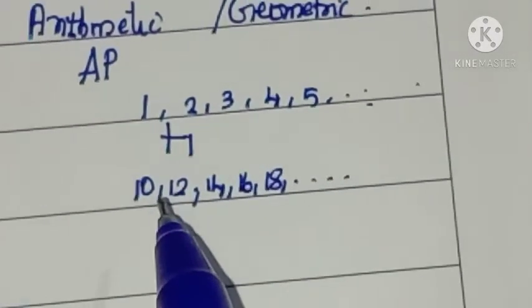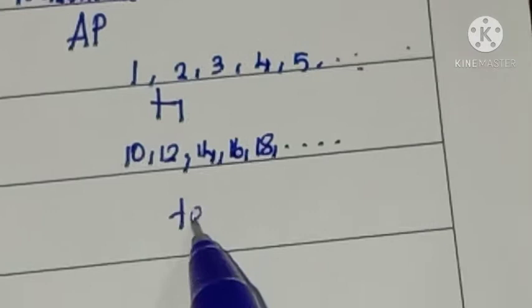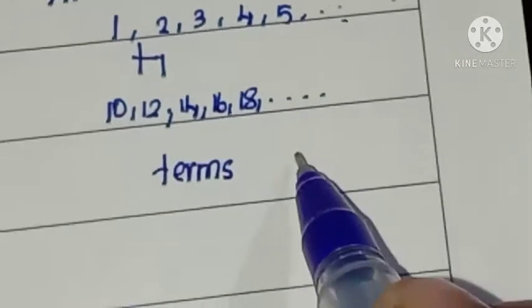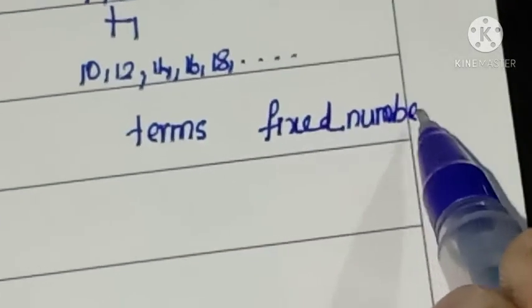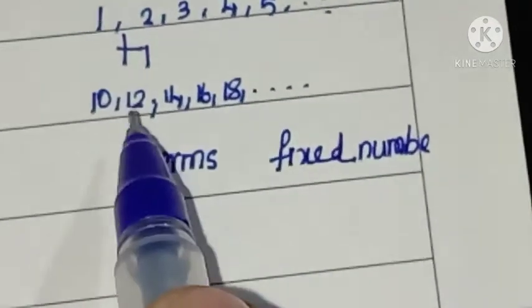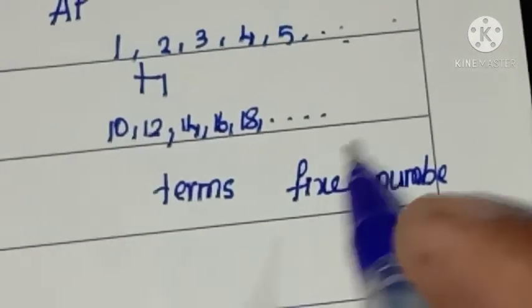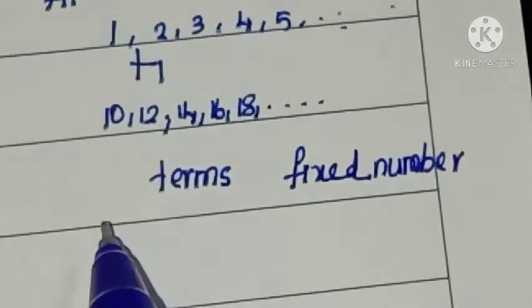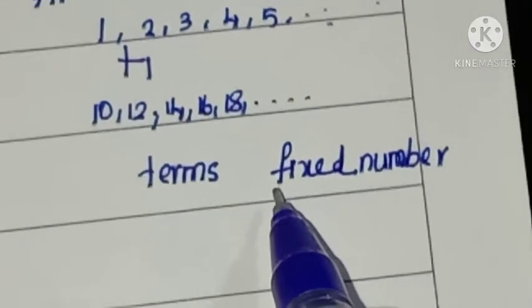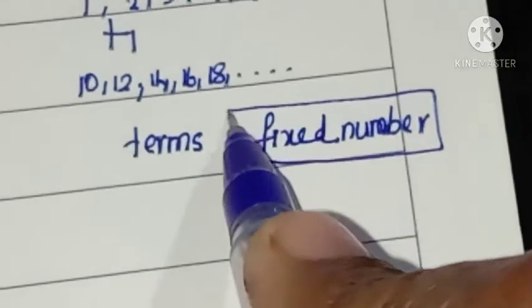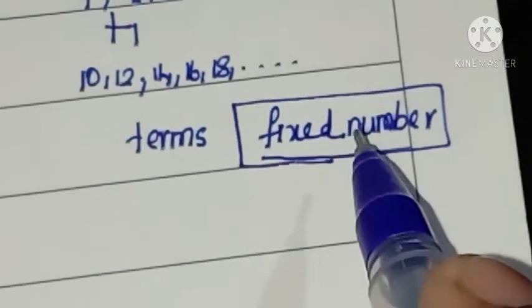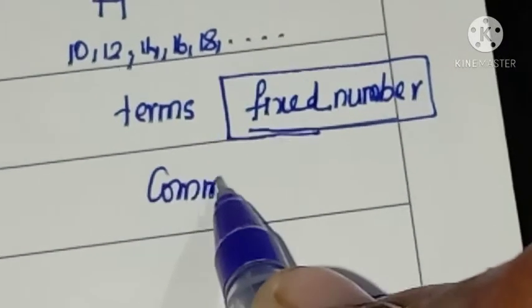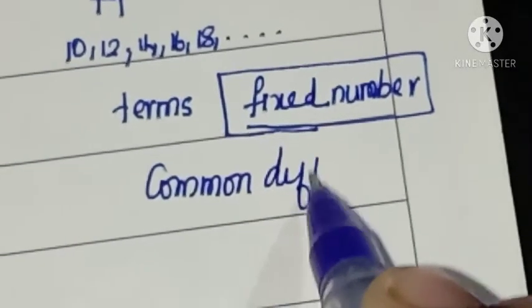That is, each and every term is obtained by adding a fixed number to the preceding term, meaning the term just before. That is an arithmetic progression, and this fixed number is known as the common difference. Just recall all these things.